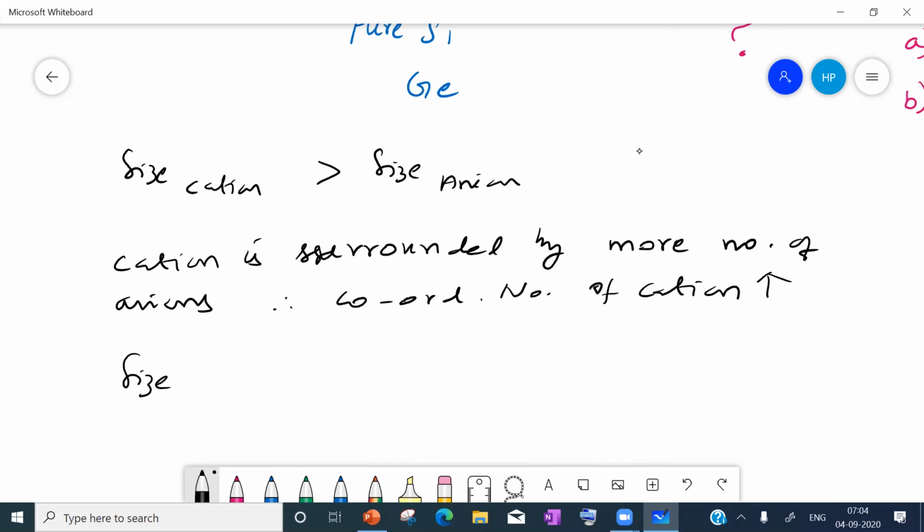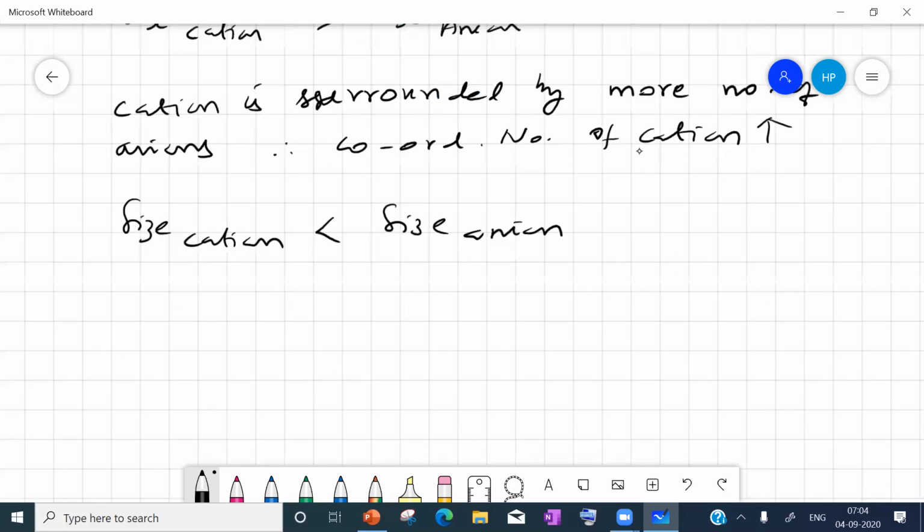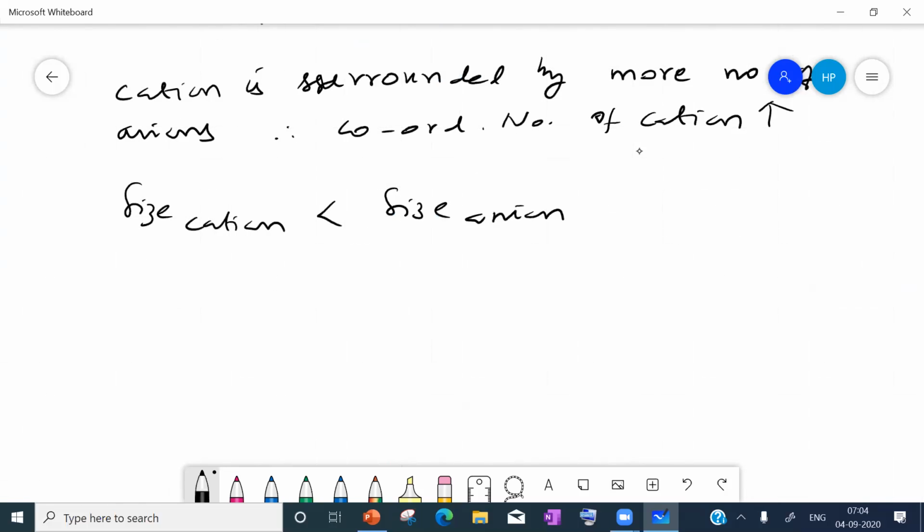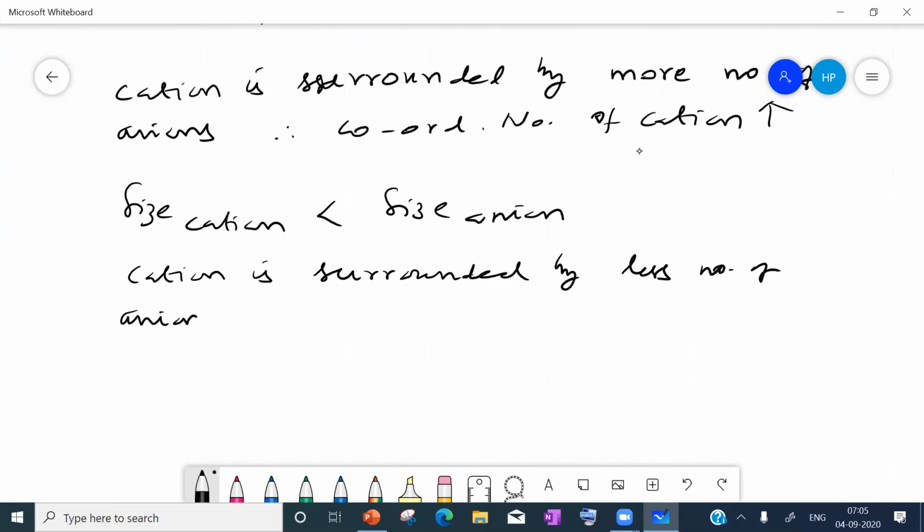If size of cation is smaller than size of anion, what will happen? The cation is surrounded by less number of anions.